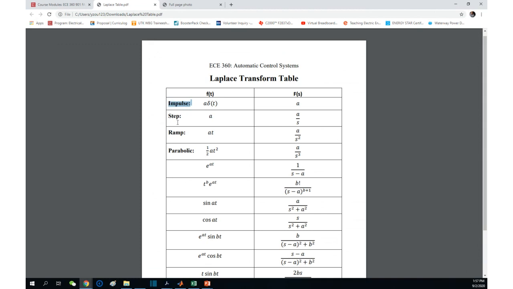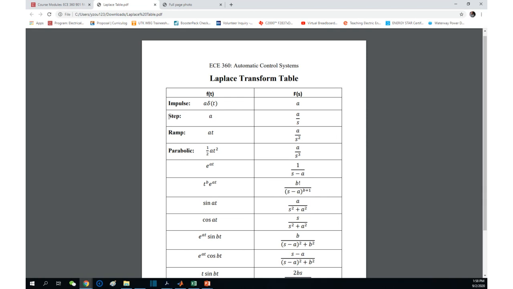The impulse signal in time domain is a constant a times delta of t, and the corresponding S domain transfer function is a itself. Okay, a is a constant, or you can interpret it as the amplitude.